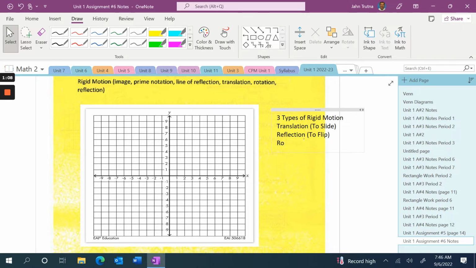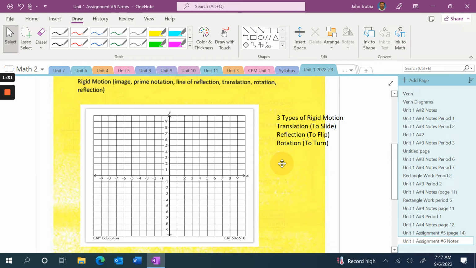And the third type of rigid motion is called a rotation. And to rotate something, that means to turn the shape. Okay, so when you're doing rigid motion, you're going to flip, turn, or slide the shape around. Okay, so you're going to do a translation, a reflection, or a rotation.